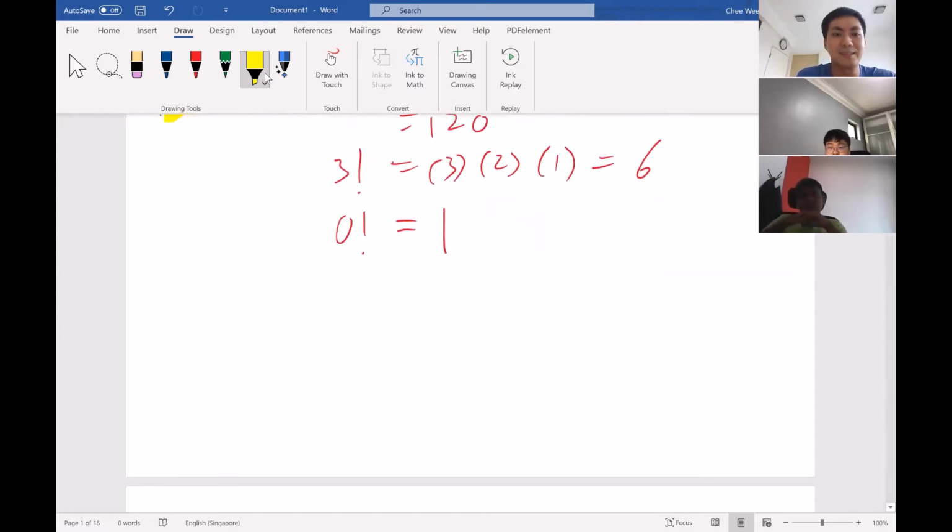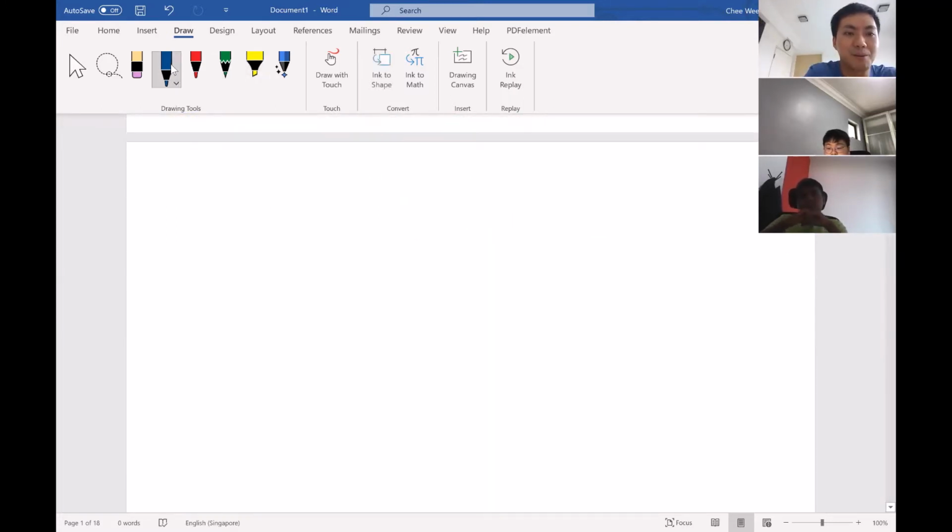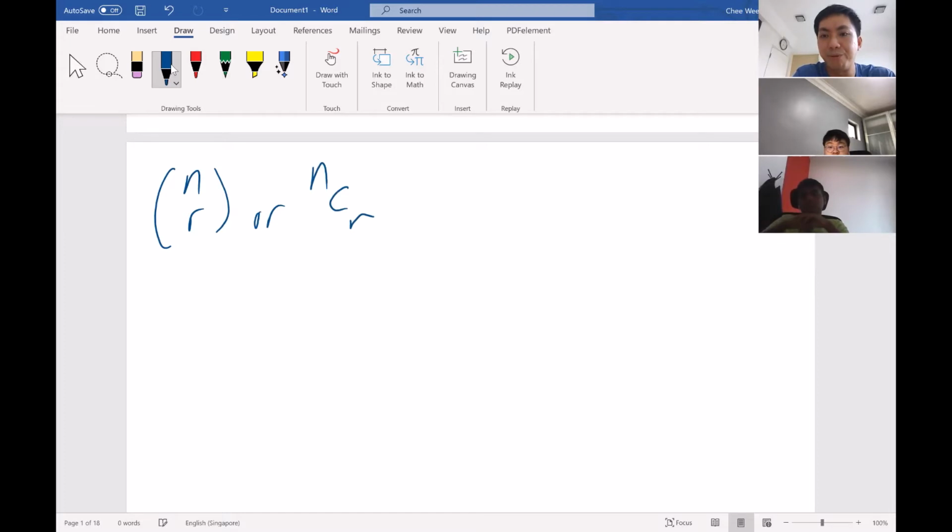So the next thing is something called n choose r, written like this, or you can write it as nCr. But the preferred notation when it comes to using binomial theorem is actually this one, in my opinion. This is pronounced as n choose r.